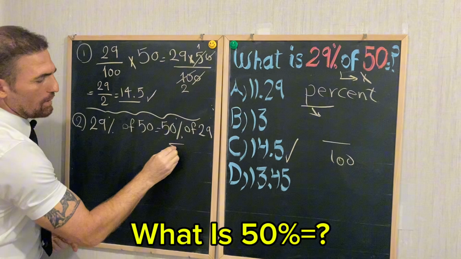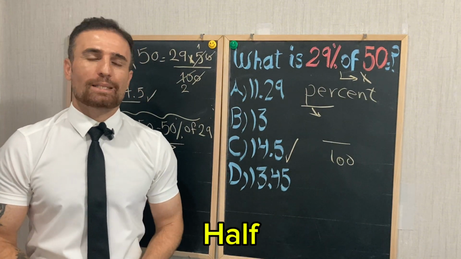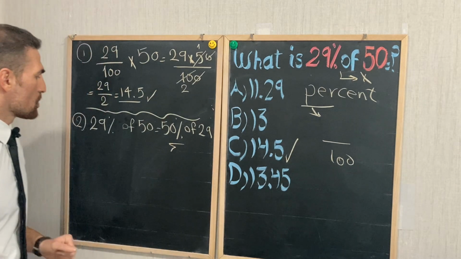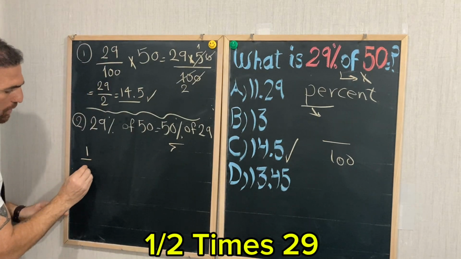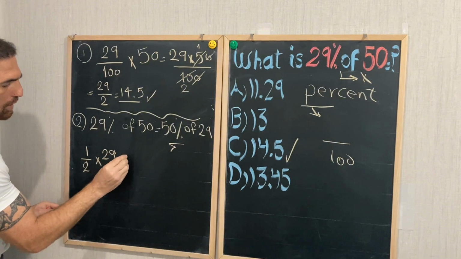But what is 50%? As you know, 50% is same as half or 1 over 2. So it's gonna be 1 over 2 times 29.